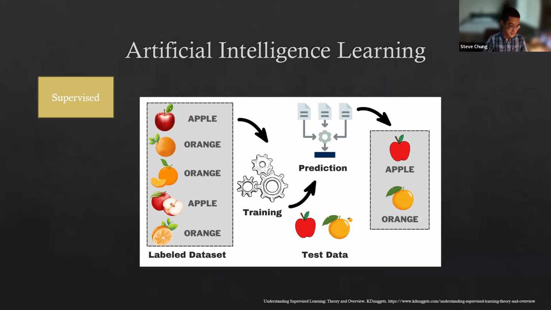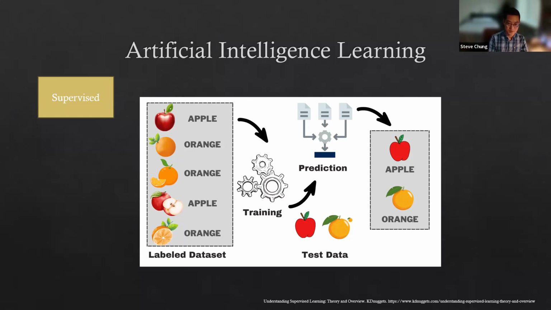In this example, you have apples and oranges. You label these data, so apple is apple and orange is orange. Then the machine goes through these algorithms to decipher and will be able to distinguish one from the other. I'm presuming this is the fruit category, and it's not going to be color.